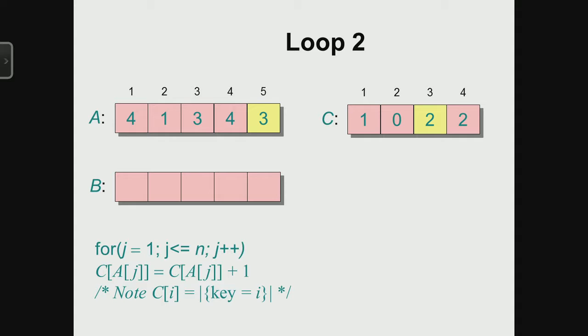It is easy to observe the following invariant, that the sum of the array elements of C is the total number of elements in the array A. In this case, it is 5.